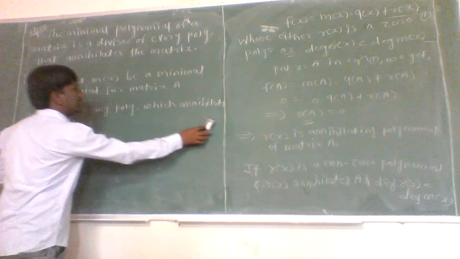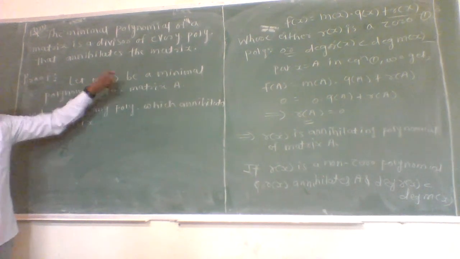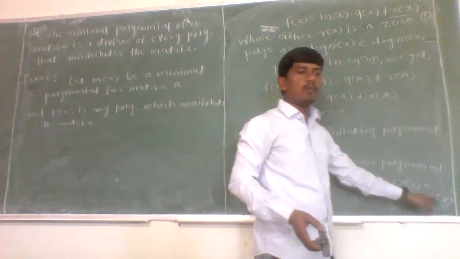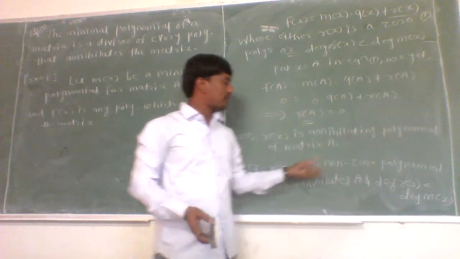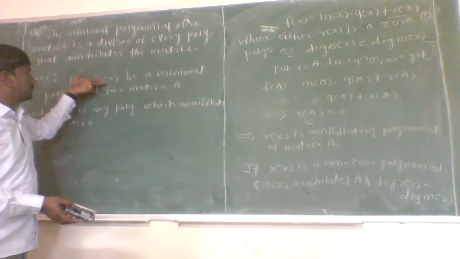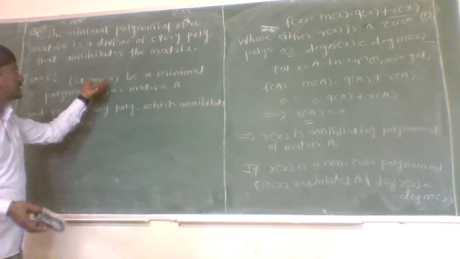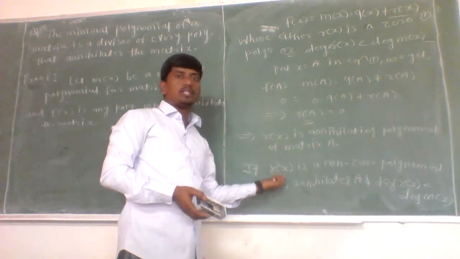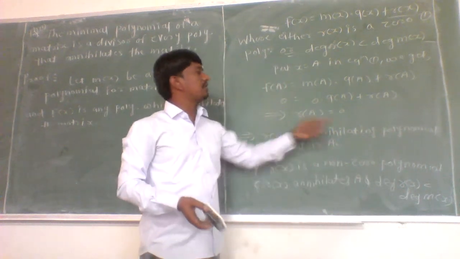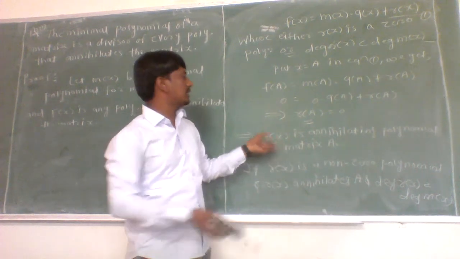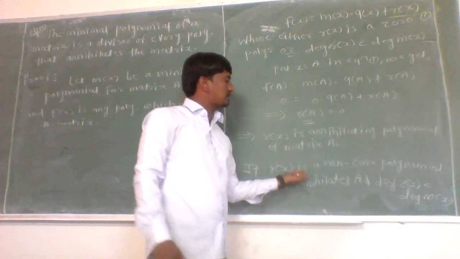But here we have taken m of x as the minimal polynomial, and we get one polynomial r of x which has a degree less than the degree of the minimal polynomial and which annihilates the matrix A, which contradicts our definition of the minimal polynomial. As m of x is the minimal polynomial, it is the lowest degree polynomial which annihilates the matrix A. This is not possible, and this contradiction arises due to our wrong assumption that r of x is a non-zero polynomial. Hence, r of x must be a zero polynomial.